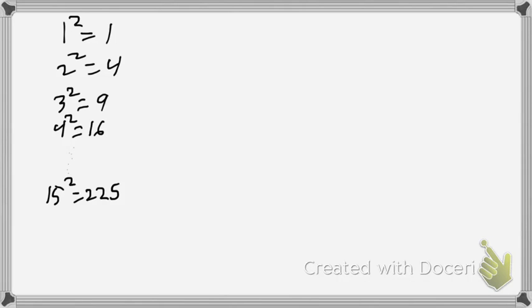Now, all the other numbers in between 1 and 225 that aren't on that list are imperfect squares. But that doesn't mean we have to leave them as these big, bulky numbers.